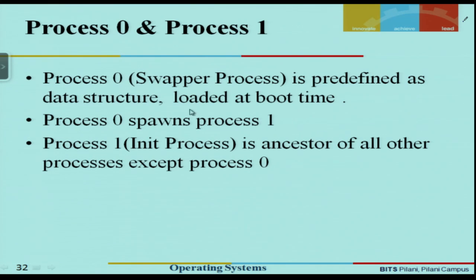Once it starts executing, this swapper process creates another process that has a process ID of 1. So we say the swapper process spawns process 1, which is known as the init process, and the init process acts as an ancestor for all other processes. All other processes are created by the init process.